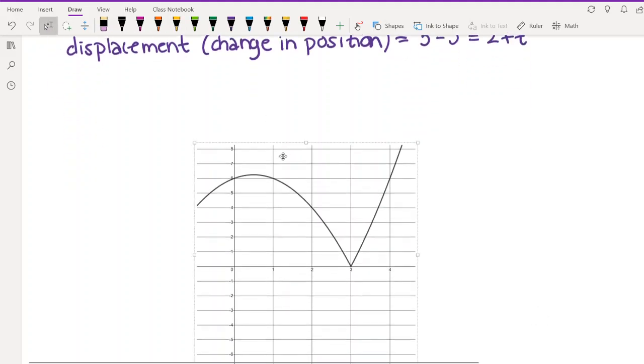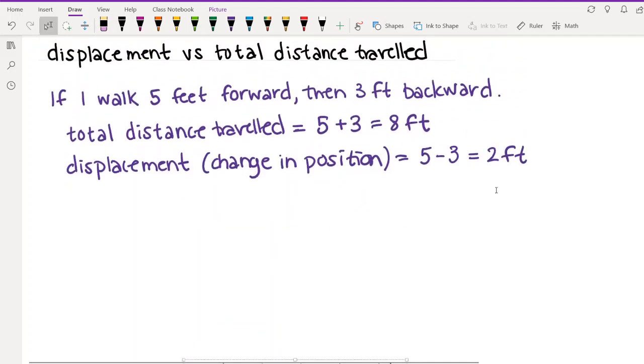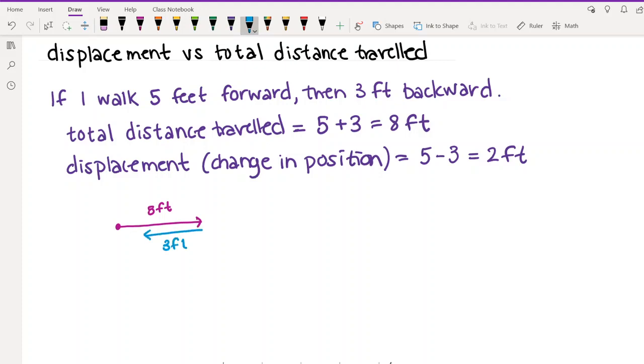And let me actually draw a diagram to represent this. Let's say here's my starting point, and I walk forward by 5 feet. And then I walk backward by 3 feet. Well, that means that once I'm done walking, I'm standing right here, right? And so I'm only a distance of 2 feet from where I started.